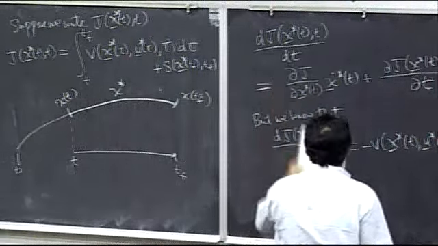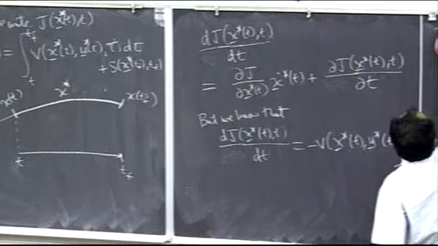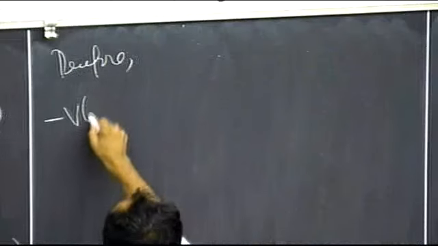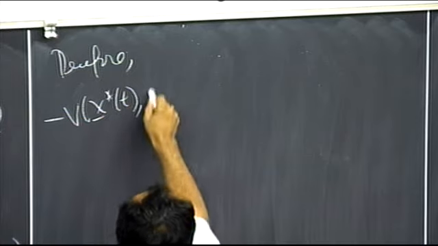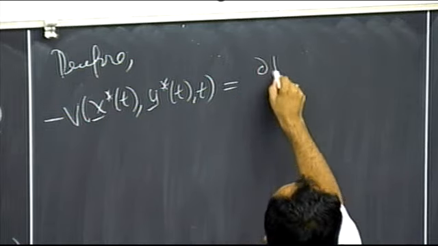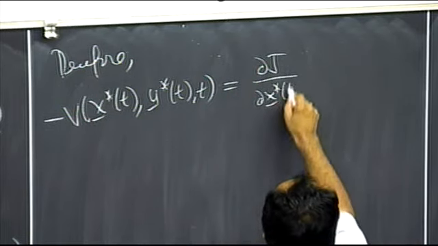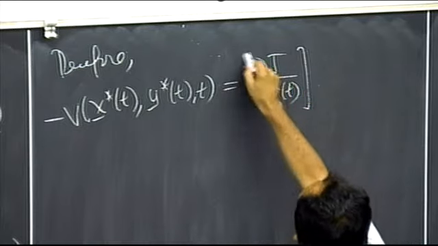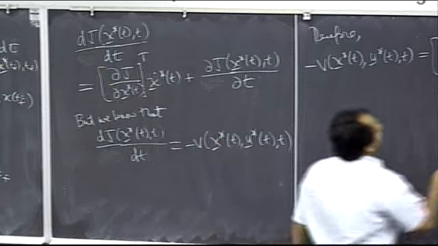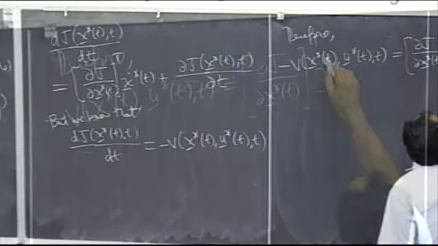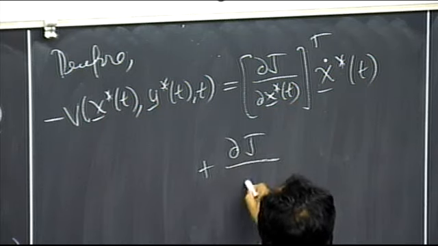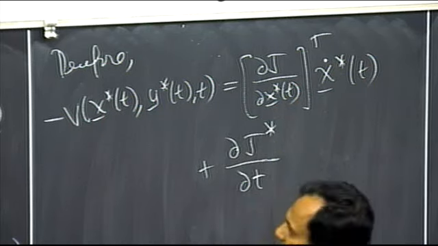So now if I take this and I substitute all this in, what do you get? I get minus V of x star of t, u star of t, and t is equal to the partial of J with respect to x star of t times x dot star of t, plus the partial of J with respect to t. So let's be careful here.